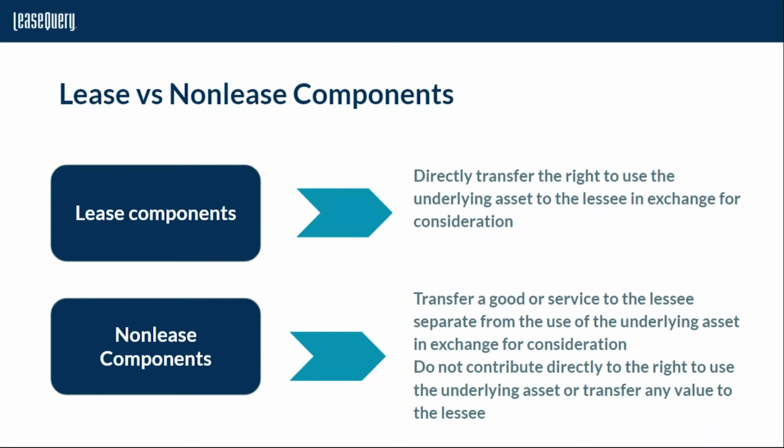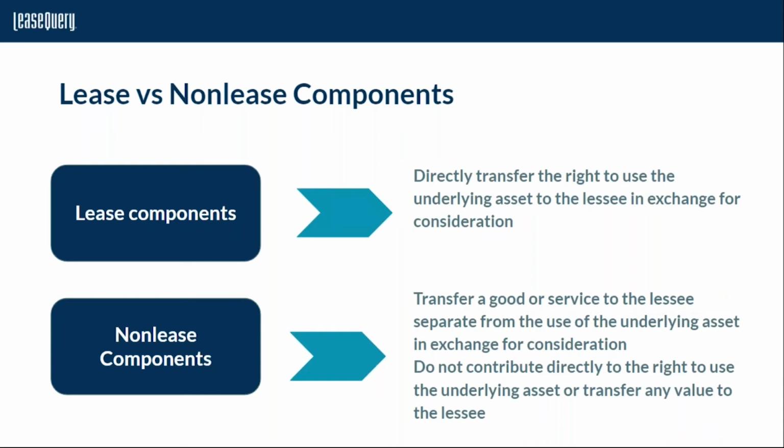An example of a non-lease component is CAM, or common area maintenance. CAM is generally a payment for maintenance, landscaping, janitorial, or other services related to the lease. The lessee is paying the lessor for a service, but the CAM does not directly transfer the right to use the underlying asset to the lessee.